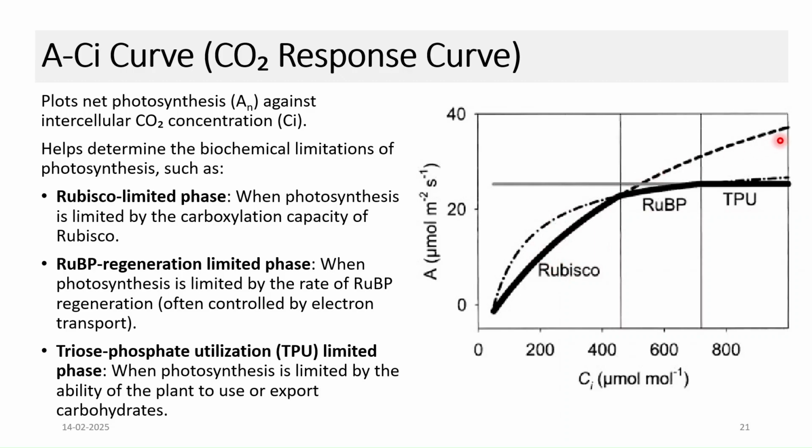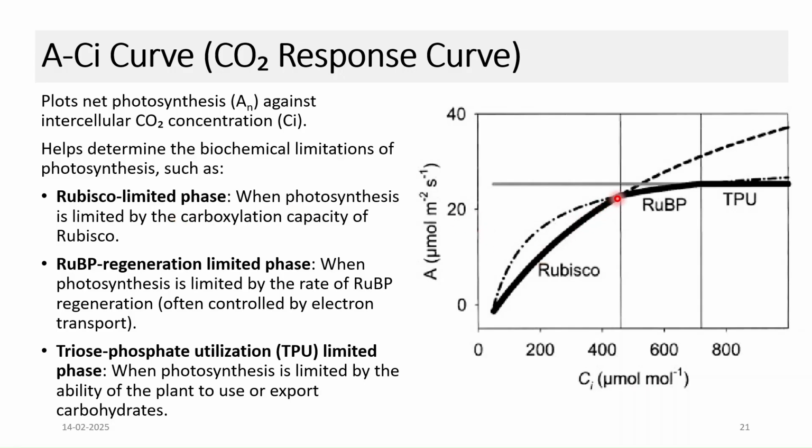Rubisco limited is the dashed line, and RUBP regeneration is represented by the dash dot dash line. We also see a thick dark line overlapping, indicating the minimum of the three values. In this part of the graph, that dark line is going over the Rubisco limited phase because that is the minimum value.